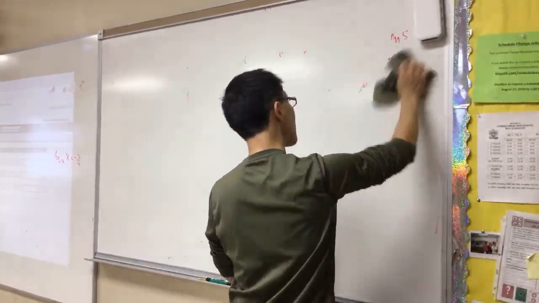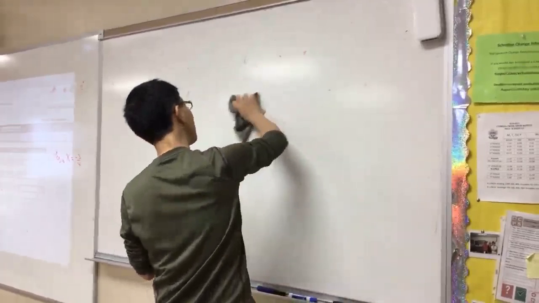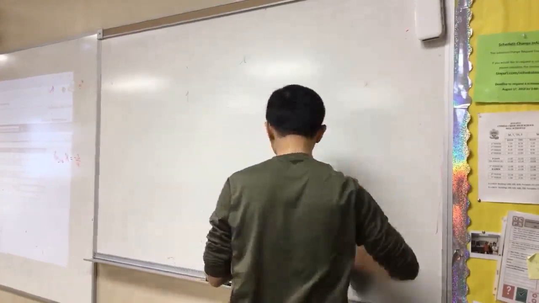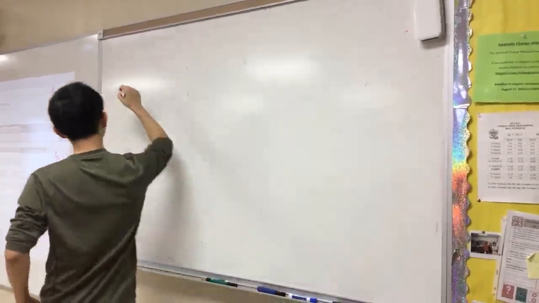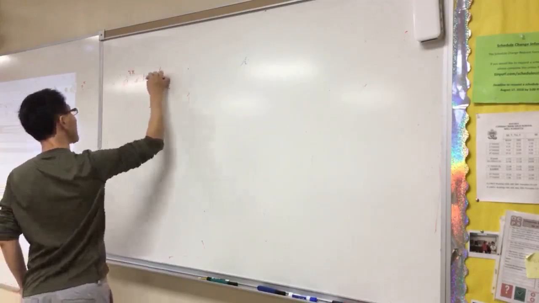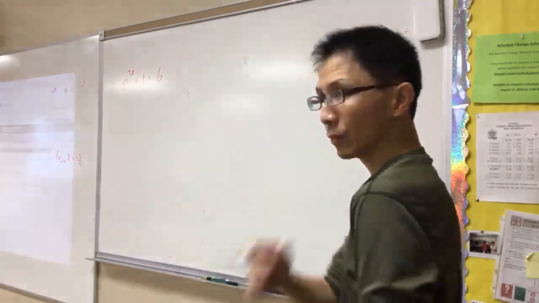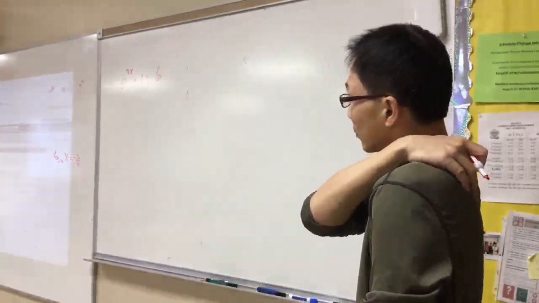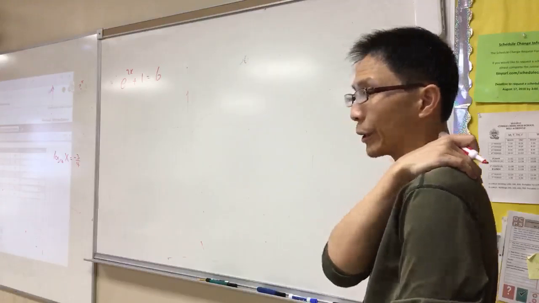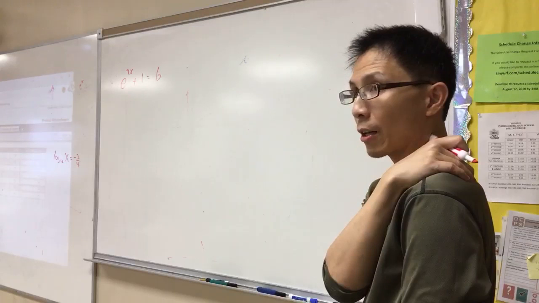So let's talk about how to solve problems. A lot of the time you're going to have 2 cases. Let's say I have e to the 2x plus 1 is equal to 6. How do I solve for x?